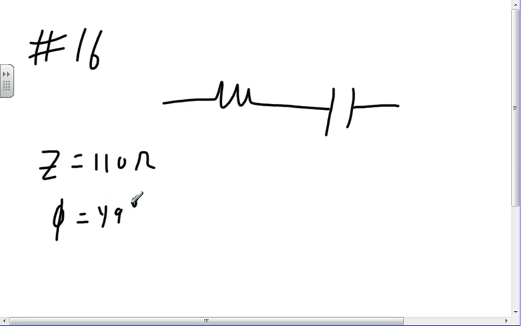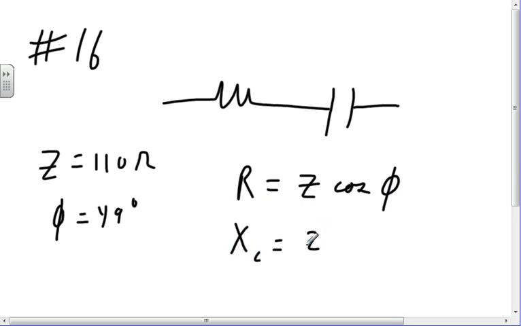And I want to find the resistance and the capacitive reactance. Okay, so my resistance is impedance times cosine of the phase angle. My capacitive reactance is impedance times sine of the phase angle.